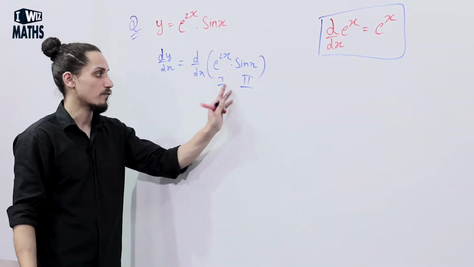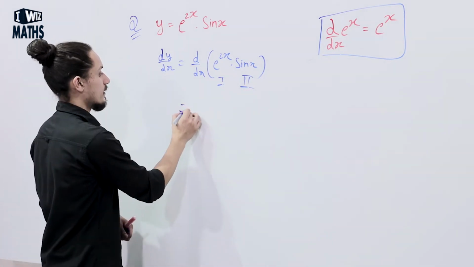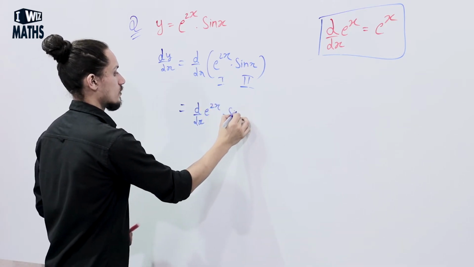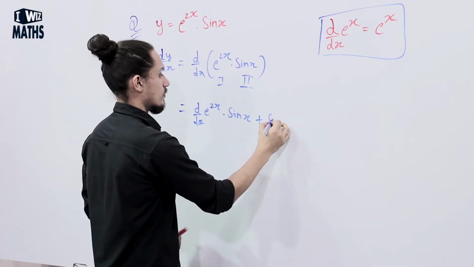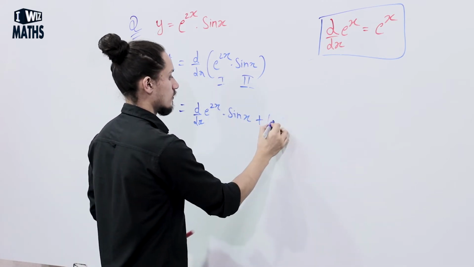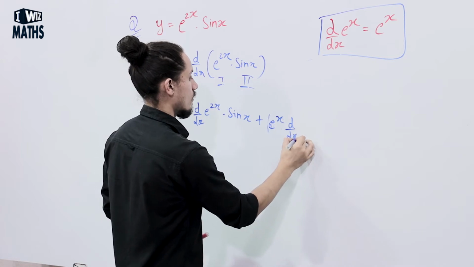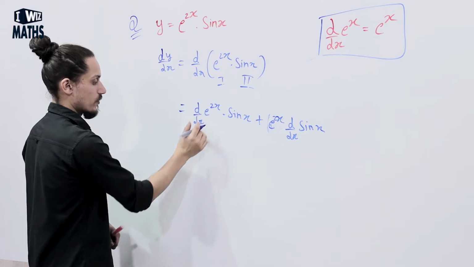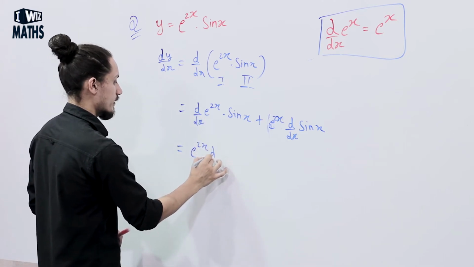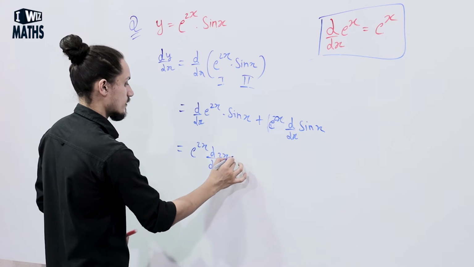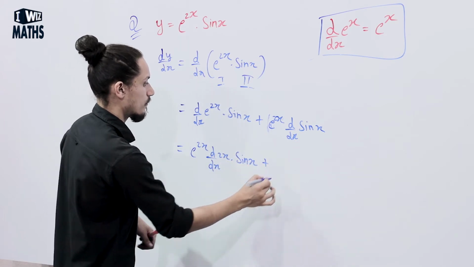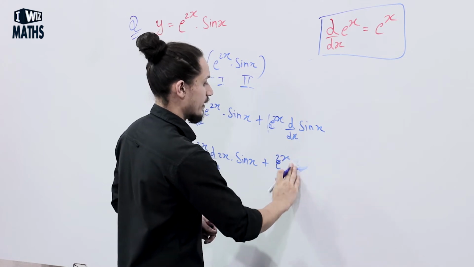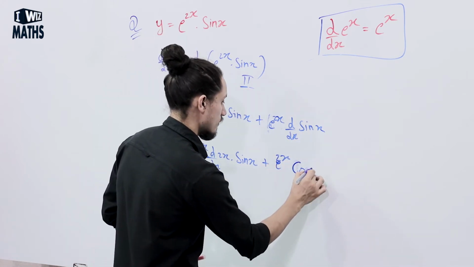Using the derivative rule for two functions in multiplication, we get derivative of first function into second function plus first function into derivative of second function, which is equal to e^2x into d by dx of 2x into sin x plus exponential 2x into derivative of sin x is cos x.